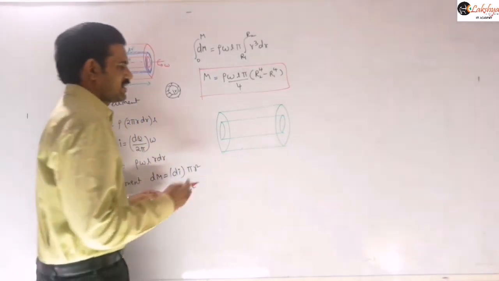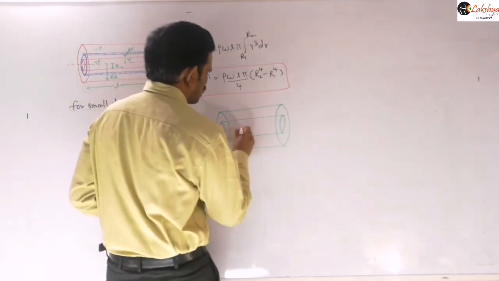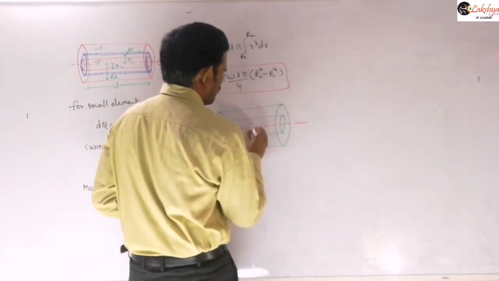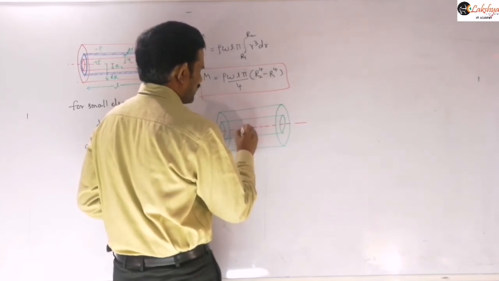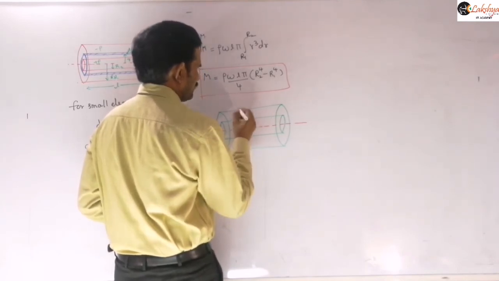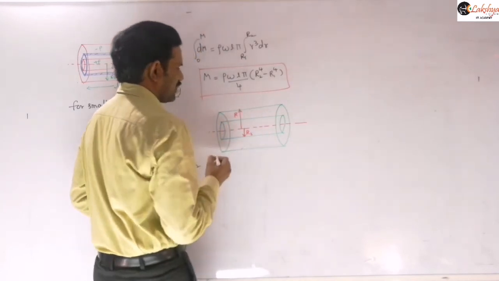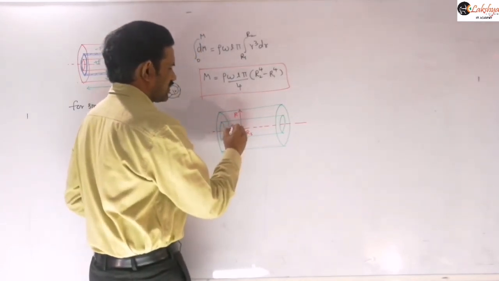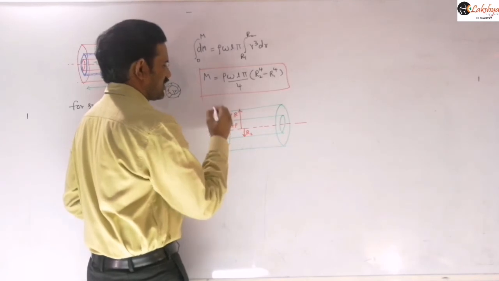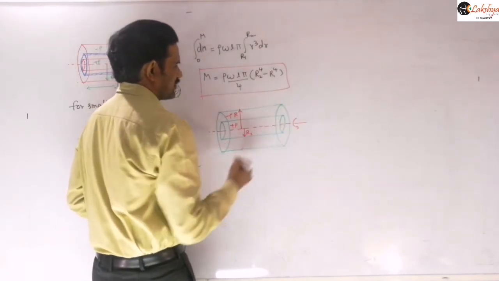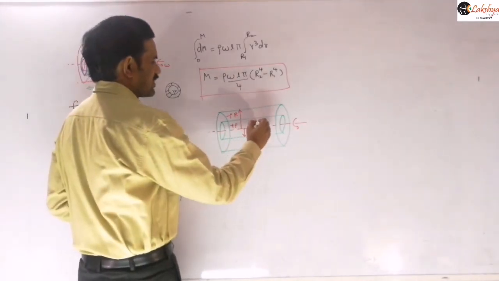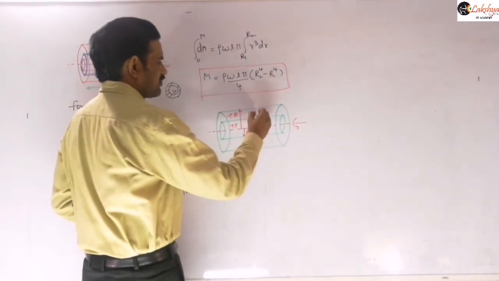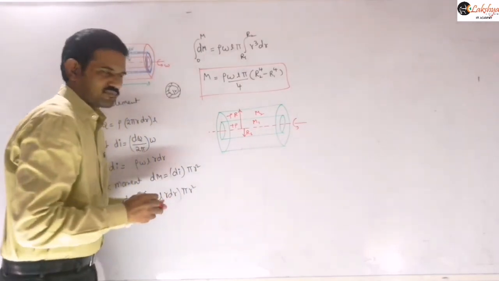Its radius is rs and its outer radius is r. Now this inner one is having plus rho and this outer one is having minus rho. Now it is rotating like this. The magnetic moment of this inner one I am taking as m1 and the magnetic moment of the outer one let us take as m2, right?